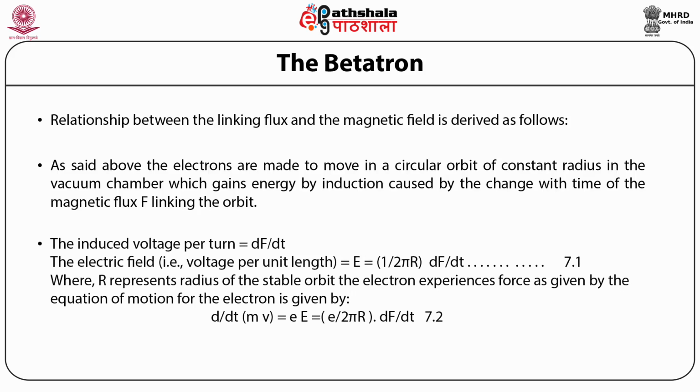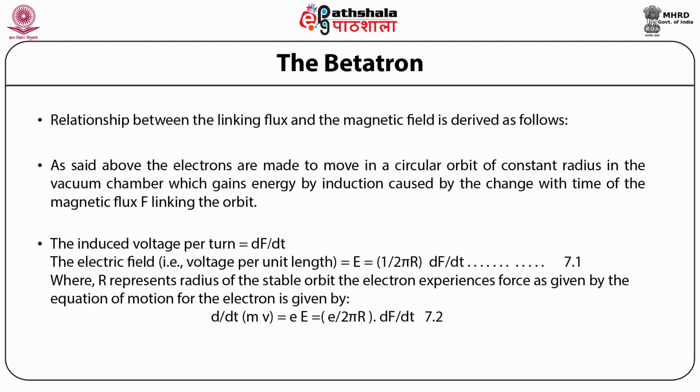The induced voltage per turn is given by d phi by dt. The electric field, that is voltage per unit length, is given by capital E equal to 1 upon twice pi capital R into d phi by dt, which we shall call equation number 7.1, where capital R represents the radius of the stable orbit.